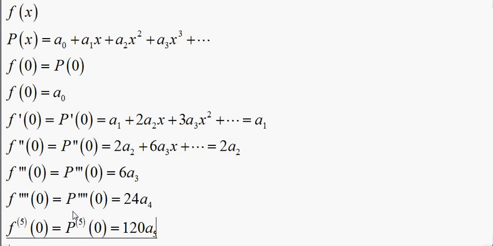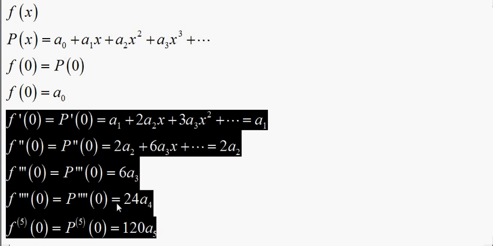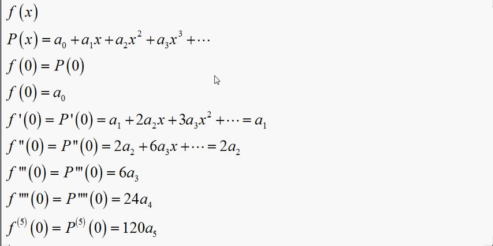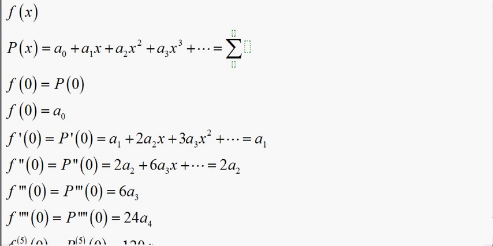And you could do this forever, but this is enough data, I guess, to come up with our formula. If we look at this polynomial up here, we can actually rewrite this in a closed form, which would be the sum from n equals 0 to infinity of a sub n x to the n.